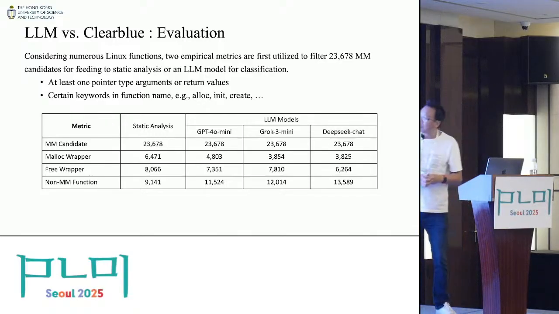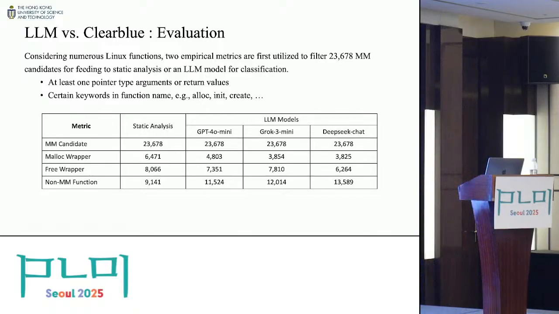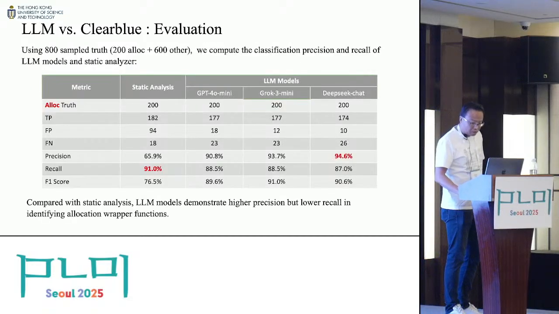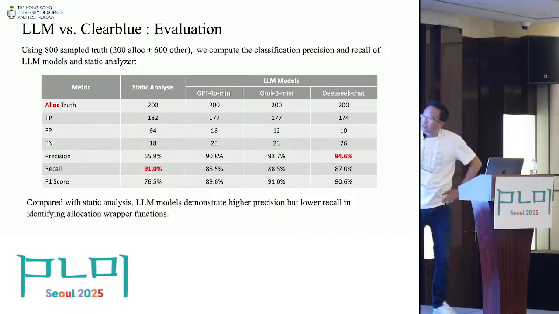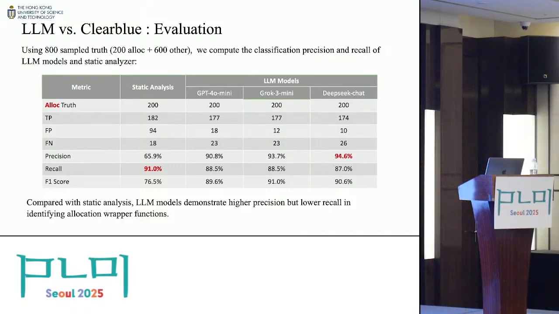So this is how many wrappers each model picked up. Okay, so for example, there's a sort of man-made benchmark, but each model can pick up a small subset of these wrappers. In terms of quality, we just look at how many, among the wrappers picked up, are in the oracles that we know are accurate.